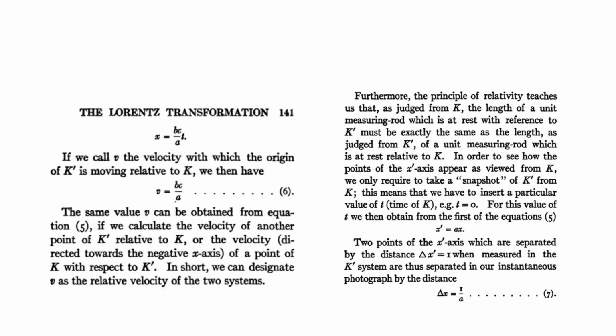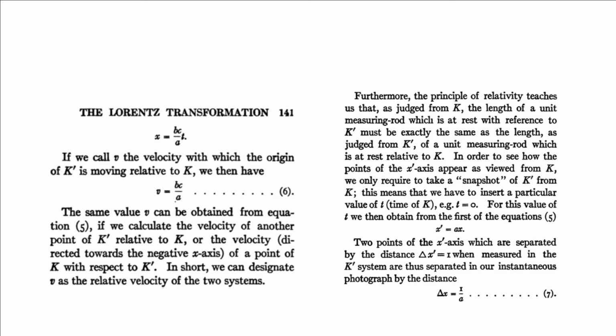The same value v can be obtained from equations 5 if we calculate the velocity of another point of k prime relative to k, or the velocity directed towards the negative x-axis of a point of k with respect to k prime. In short, we can designate v as the relative velocity of the two systems.